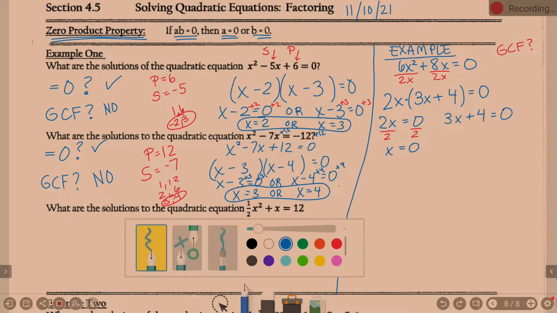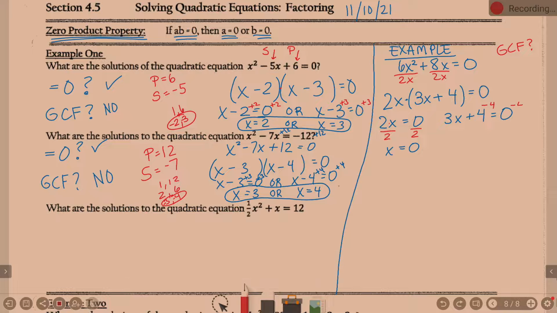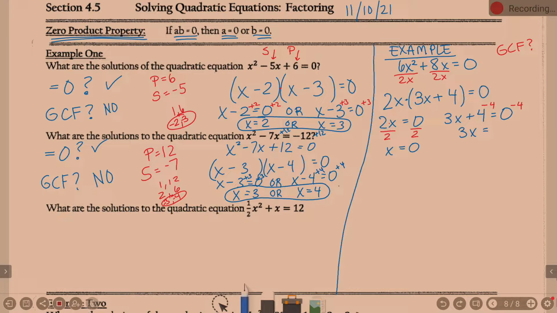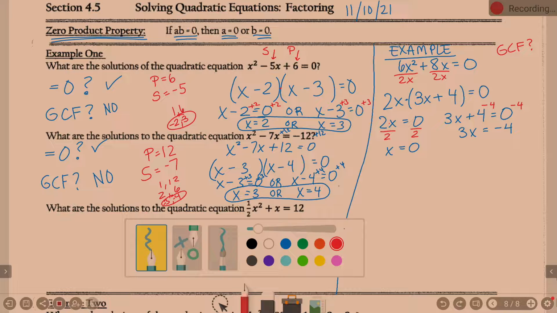3x plus 4 equals 0. How do I solve? If it's 3x plus 4, we're going to subtract 4. 4 minus 4 cancels. 3x equals 0 minus 4, negative 4. If it's 3 times x, we are dividing by 3.